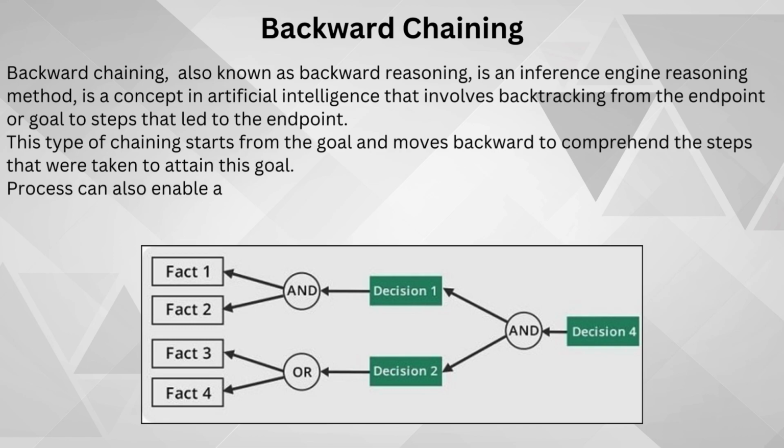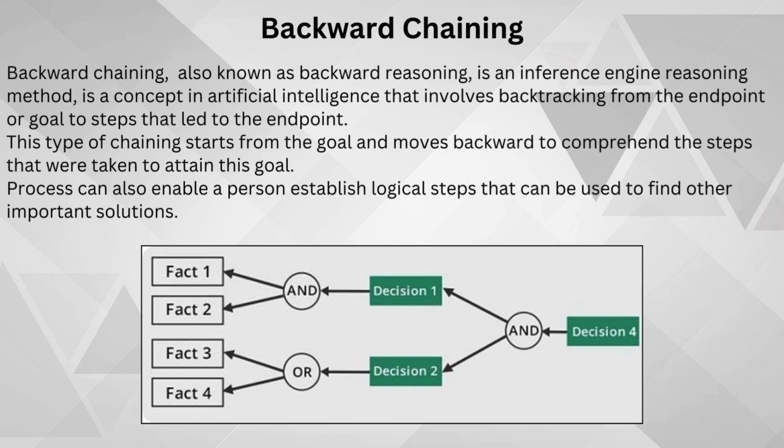In backward chaining, you start by knowing the end of the story, who did it or what happened. Then you look at the outcome and figure out all the little details and evidence that led to the conclusion. It is like knowing the end of the book and then reading through the chapters to see how everything in the story connected to create that ending.